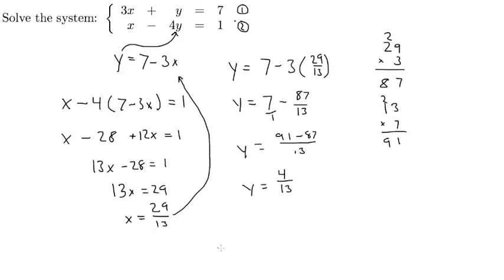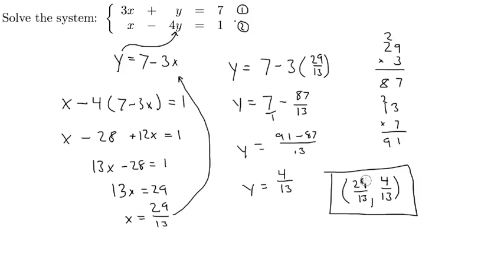So remember, we write our final answer as an ordered pair. That ordered pair is going to be 29 over 13, comma 4 over 13. So once again, sometimes we get nice answers, sometimes not so much. When you get nasty answers back like this, don't let it bother you too much. It happens sometimes. It in fact happens fairly frequently when we're working with systems of equations.